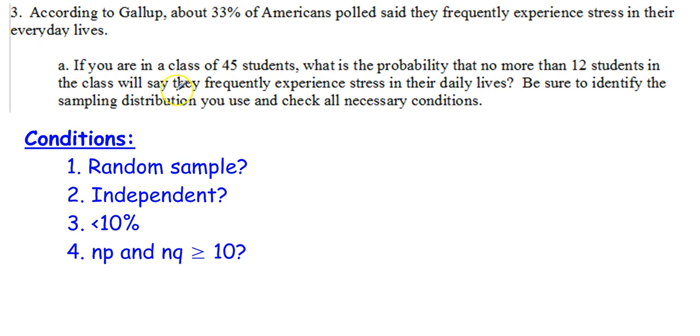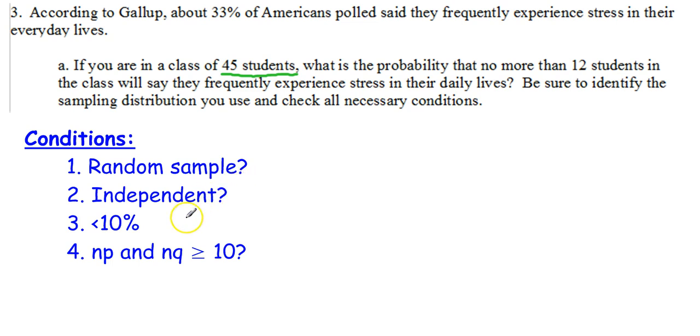Number one, is it a random sample? The 45 students, are they randomly selected? Number two, is each student independent of another? Does the probability of one student saying they frequently experience stress affect the probability of the next student saying that?